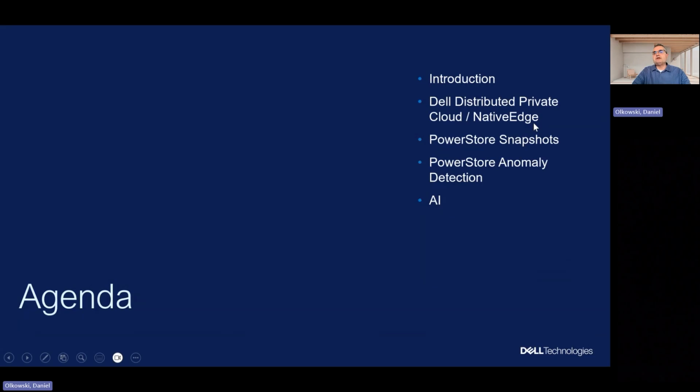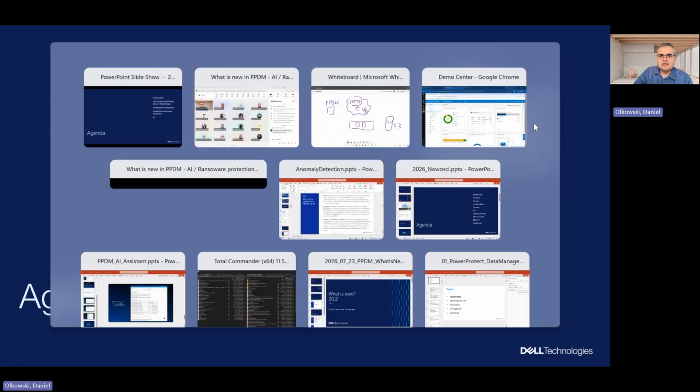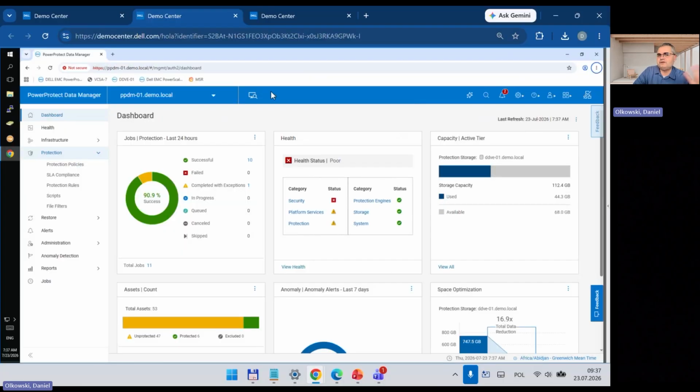Private cloud, Dell Distributed Private Cloud, this is our virtualization, and PowerProtect Data Manager can back up and, of course, restore virtual machines of our cloud solution, of our virtualization solution. And again, like everything in the PPDM, it's very, very easy.